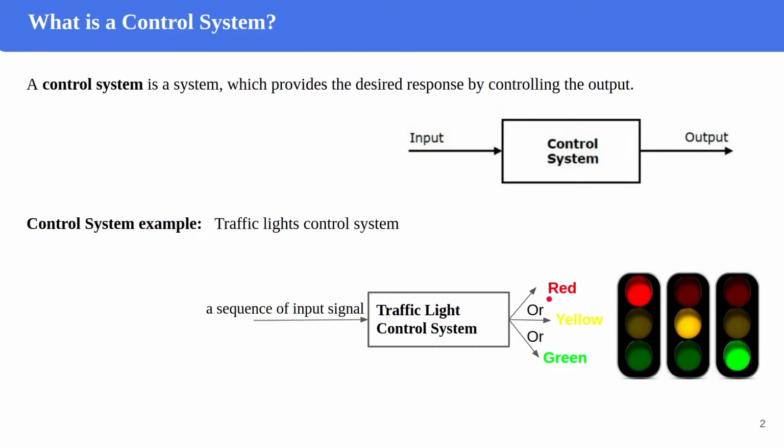During this time, the two other lights will be off. Based on the traffic information, for example, at a particular junction, the off or on times of the lights can be identified. I'll show you more examples of control systems in the next slides when we talk about the different types of control system later.